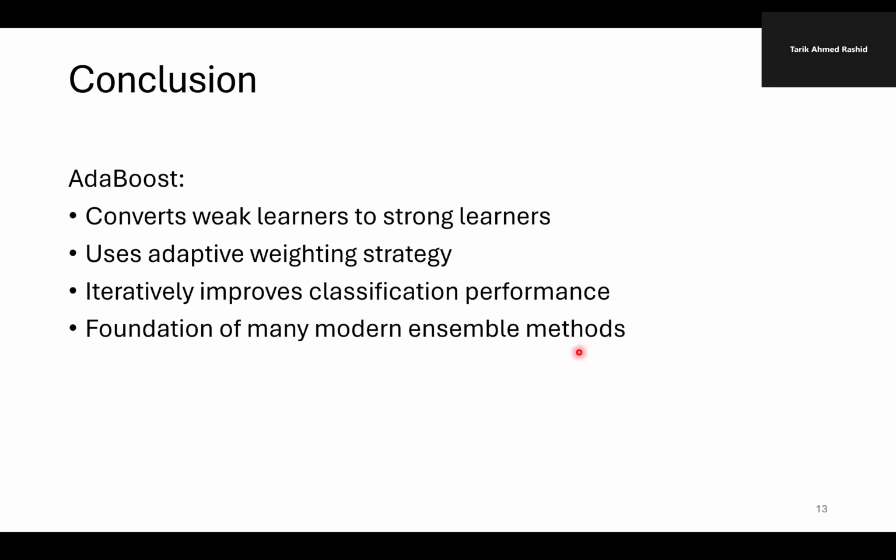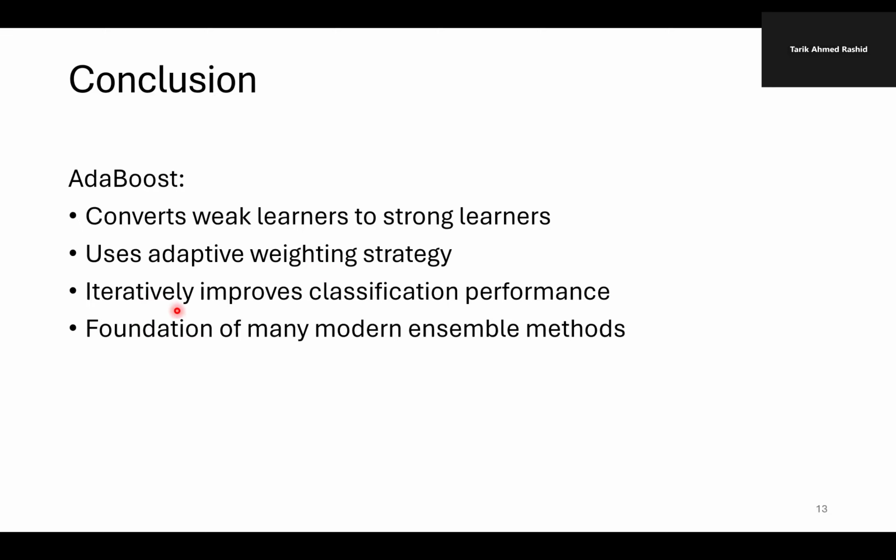In conclusion, we try to convert weak learners to strong learners. That's the main idea. It uses an adaptive weighting strategy, so the weight will be adapted at each iteration, and you'll have a different weight from the current weight.